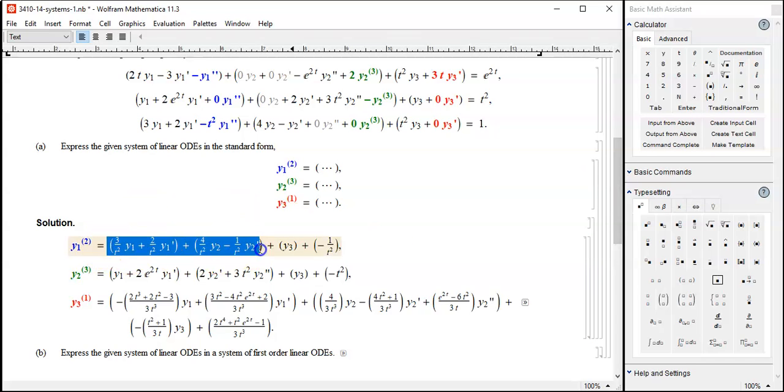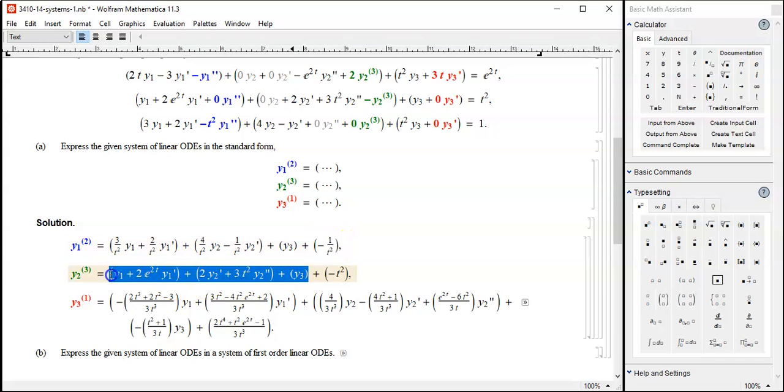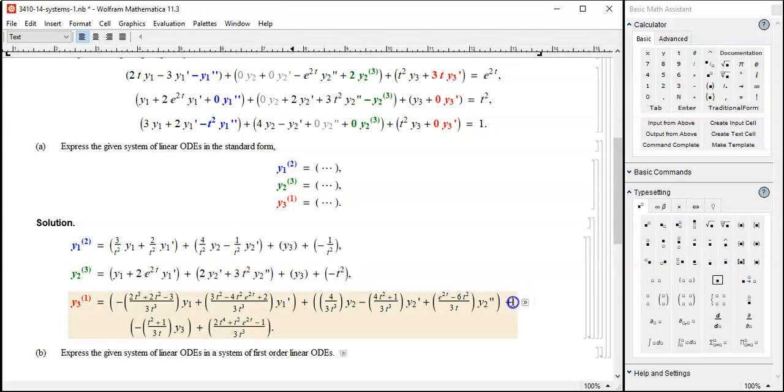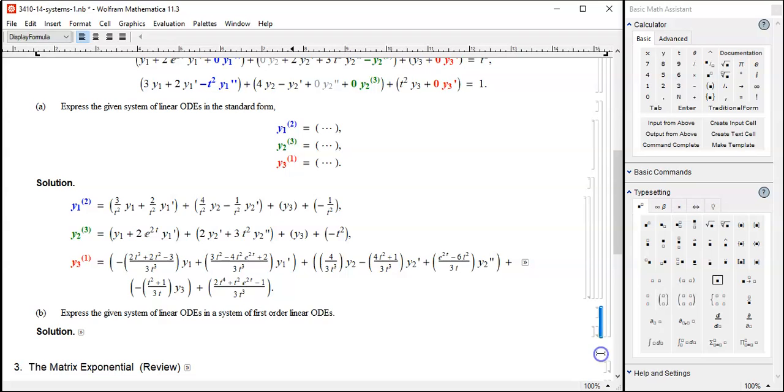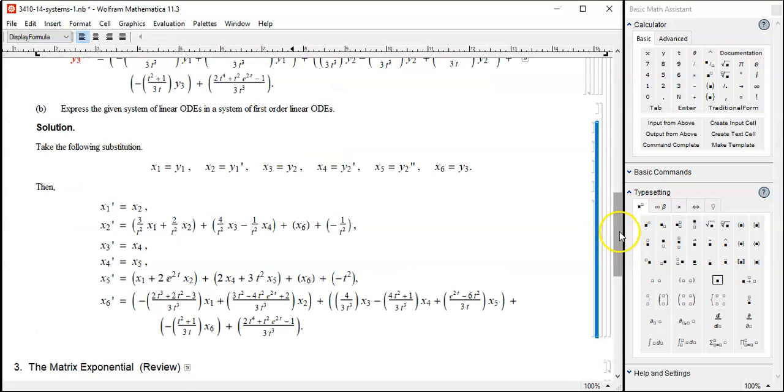So we have all those y expressions up here plus the non-homogeneous part, same thing there. And then you can use those substitutions, x11, x12, and so on, to get the system of first-order linear equations.